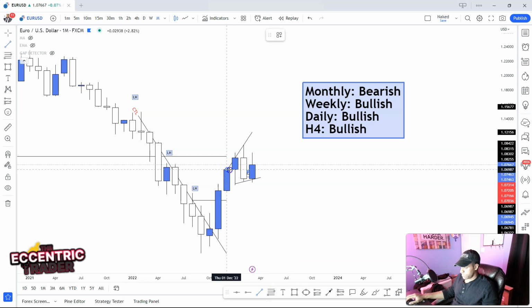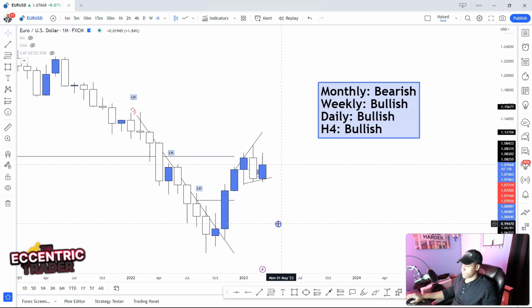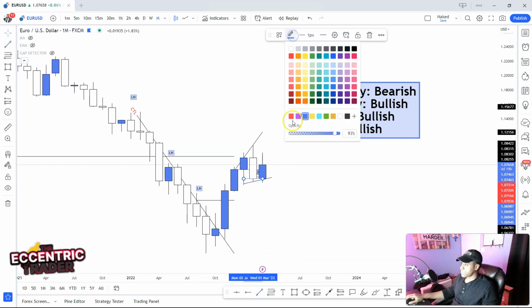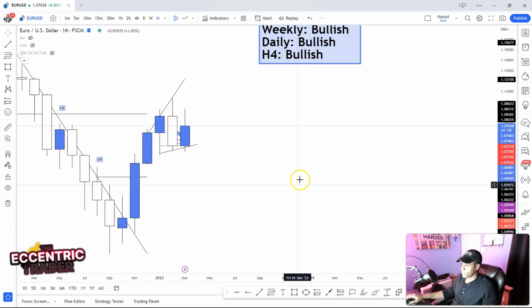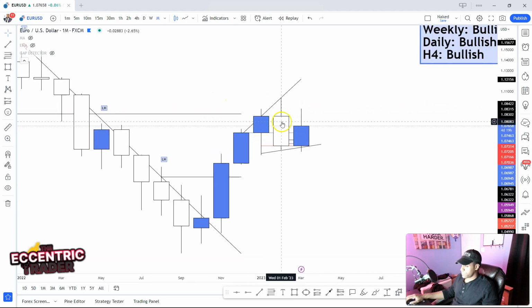I'm gonna draw my random blue line right here. I'm gonna draw another red line right here. So this candle pretty much pushed past the previous candle, which was January, pretty much confirming that the bears were in control for this month.